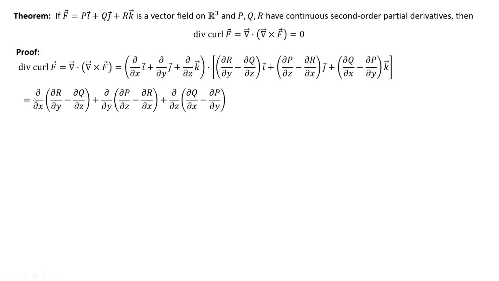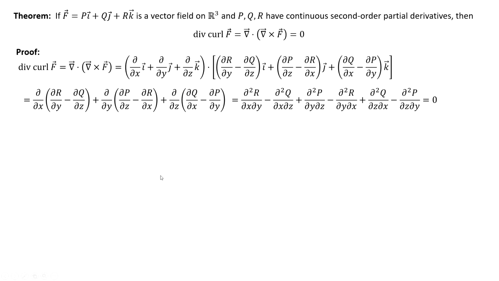So what does it turn out to be? Second partial of R with respect to x and y minus second partial of Q with respect to x and z. How do we take partial with respect to x of this minus this? Distribute the partial: second partial of R with respect to x and y, and so on. Now this turns out to be 0 is the claim. On what grounds?